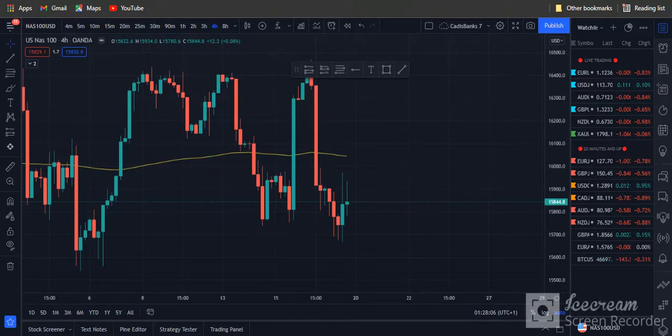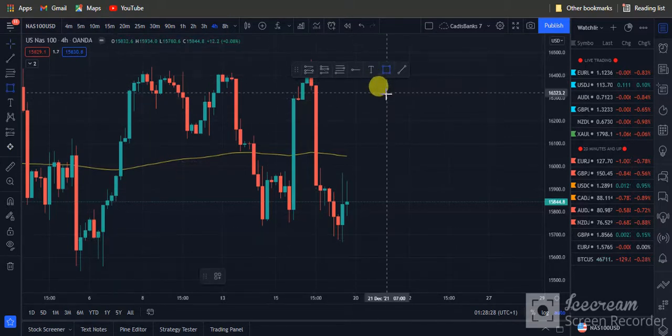All right, so how I trade is, if you guys know the rules of supply and demand in the forex markets, or in the market in general, guys, you should know that you want to look for a strong movement in one direction. So as you can see, there's a lot of bullish candlesticks. I should explain this even more, but I will make a new video explaining what supply and demand is.